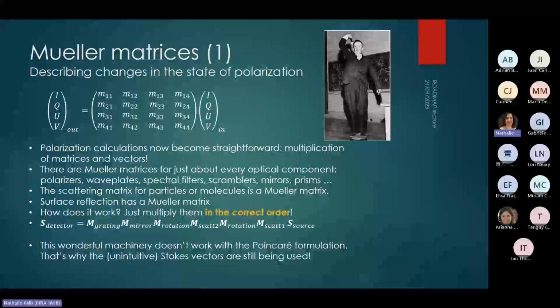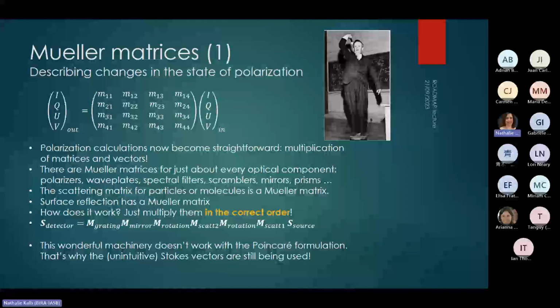If you look at the optical software, for example Zemax, it's really written in terms of Stokes vectors and Müller matrices. The scattering matrix for particles is also a Müller matrix. Surface reflection is a Müller matrix. How does it work? You just multiply them in the correct order, okay?